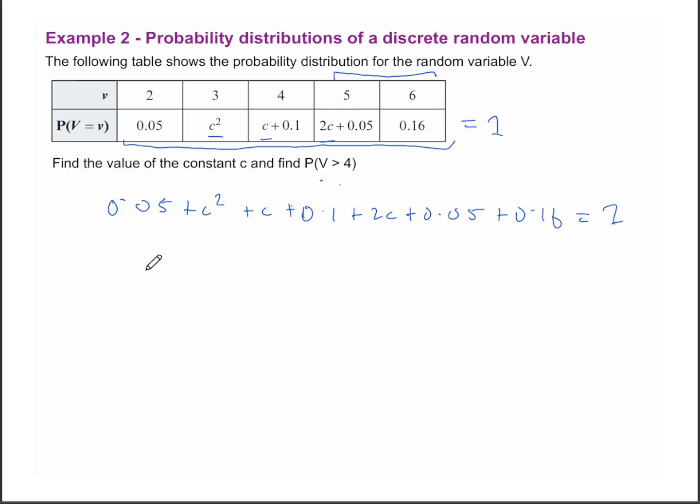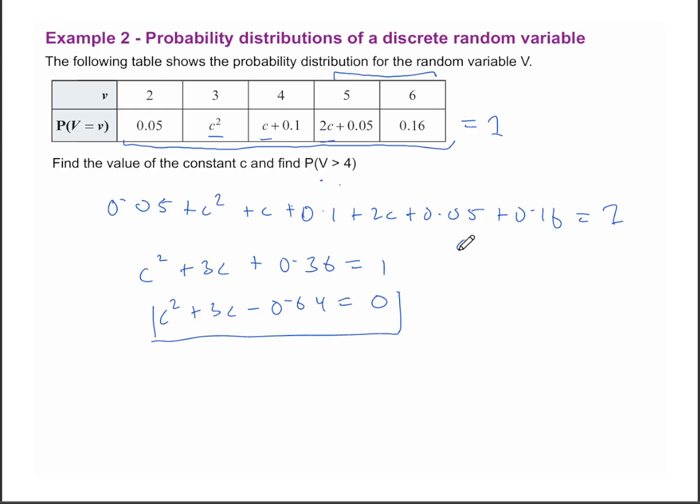If I rewrite this, I'll get c squared plus 3c plus 0.36 is equal to 1. Then I take 1 to the other side and I get c squared plus 3c minus 0.64 is equal to 0. Solving this quadratic equation gives me my first possible value of c being 0.2 and my second possible value of c being negative 3.2.